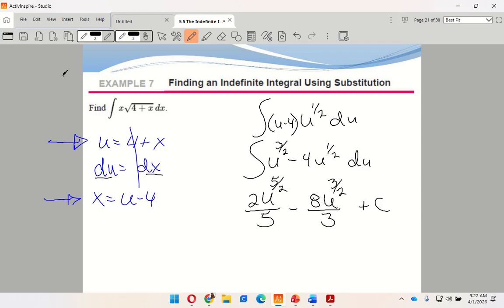And what do I do now? Let's put it all back. So 2x plus 4, or 4 plus x, sorry.